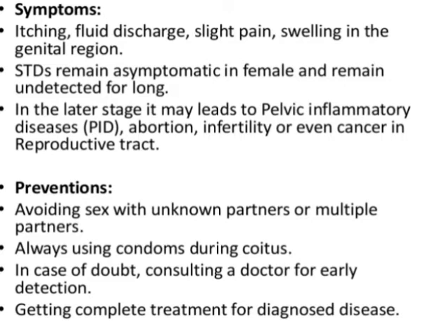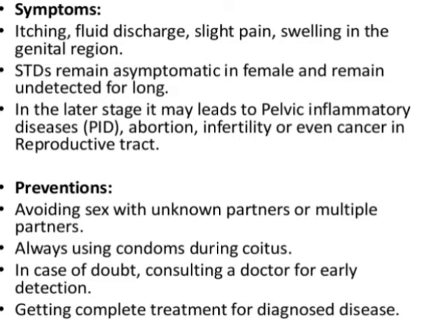And in a later stage it may lead to pelvic inflammatory disease, also called PID, abortions, infertility, or even cancer in the reproductive tract. Absence or less significant symptoms in the early stage of infection, and the social stigma attached to sexually transmitted diseases, deter the infected persons from going for timely detection and proper treatment.